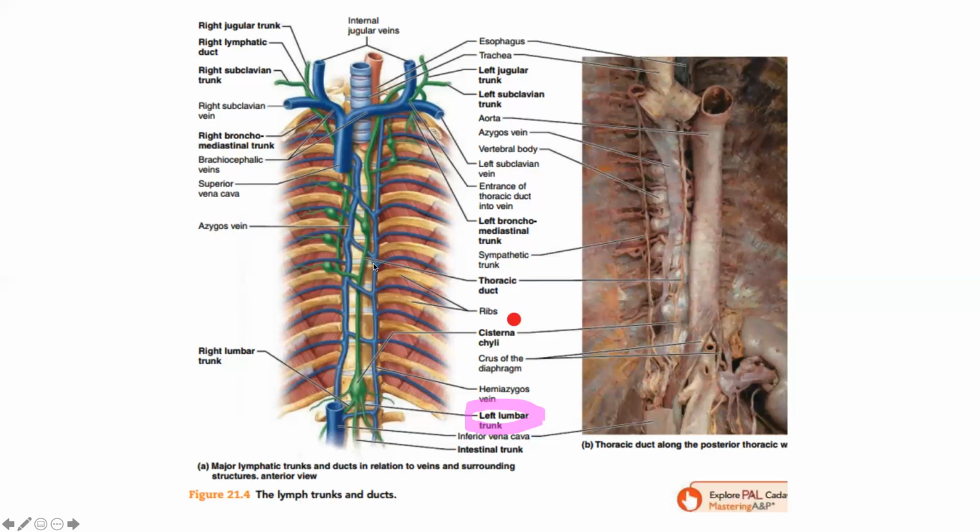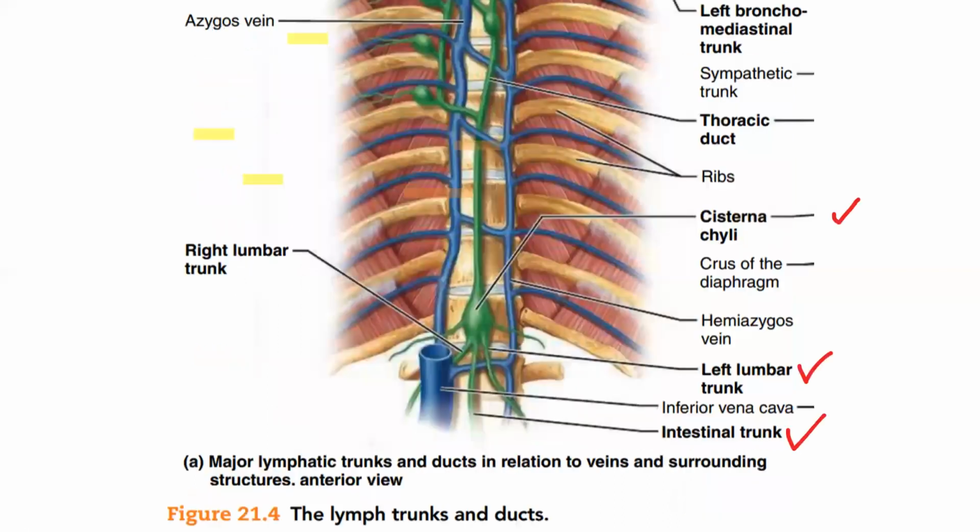And this hemiazygous vein will finally drain into the azygous vein. So this is the azygous venous system. That's what I want you to appreciate, which is just in the thoracic wall. But let's move on with our lymphatic system.